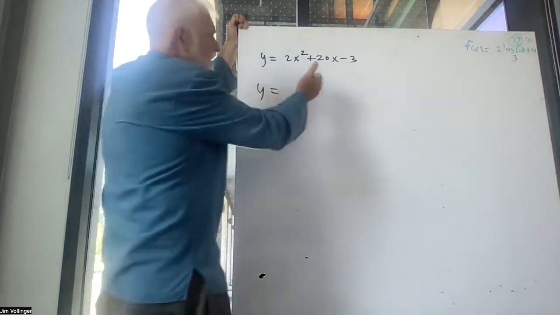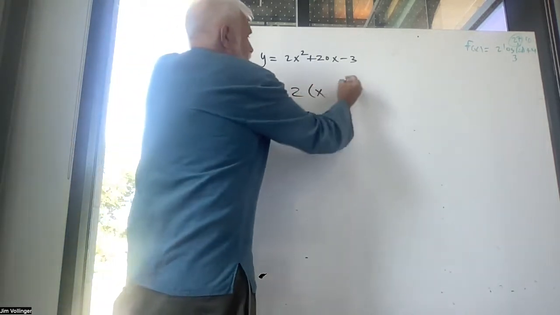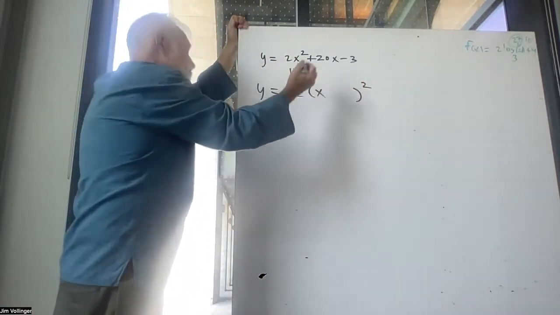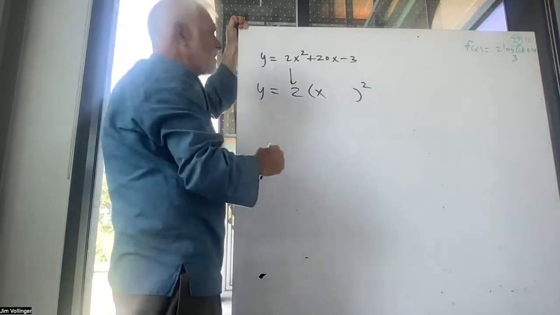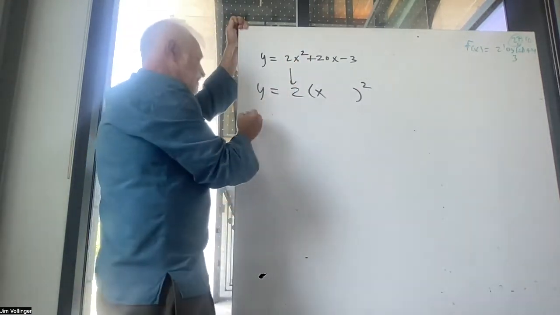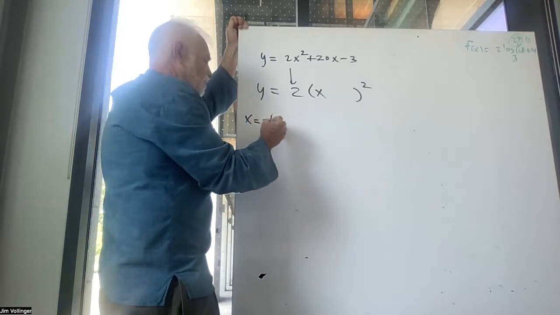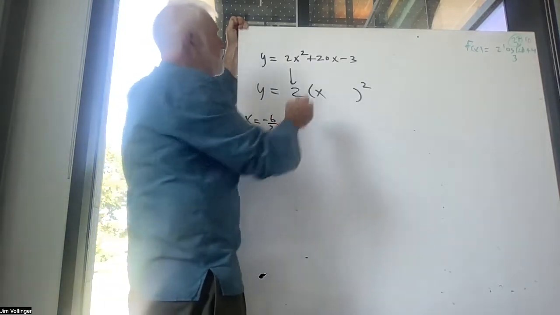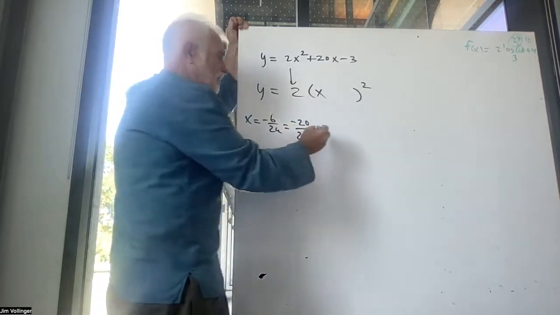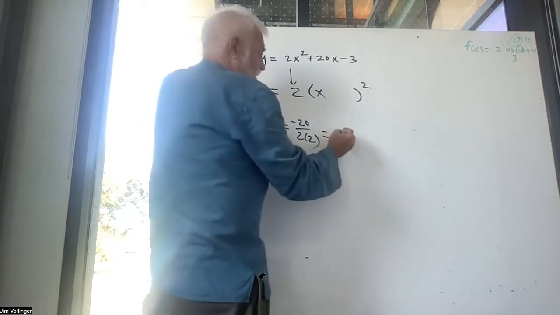All right, so to get this in graphing form, you might as well take the first gift. First gift is using the doubling of the squaring process. Now we need to find the vertex, and the vertex can be found by x equals minus b over 2a. In this case, that's minus 20 over 2 times 2, which is equal to negative 5.